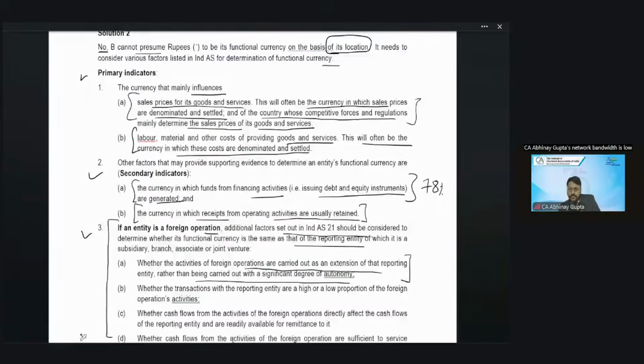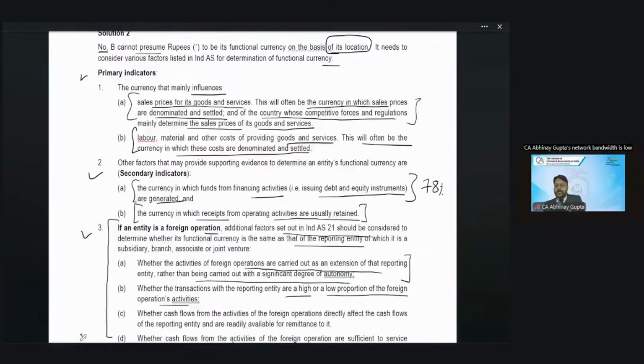Whether the transactions with the reporting entity are a high or a low proportion of the foreign operation's activities. So if the transactions between the parent entity and the foreign operation are very high, it gives an indication that the foreign operation is doing most of its transactions with the parent entity or reporting entity only, and hence the functional currency could be of that entity only.